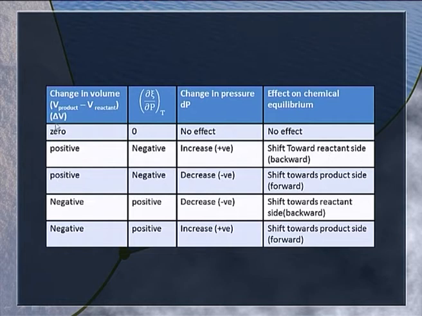If ΔV is positive, this term has to be negative and the pressure has to decrease, the shift is towards the forward side. Negative ΔV, positive ∂ξ by ∂P, and there is a decrease in pressure, the shift is backward towards the reactant side, and the same way it happens in the last one.